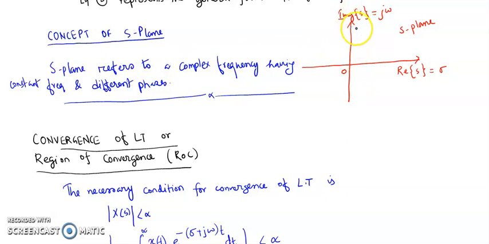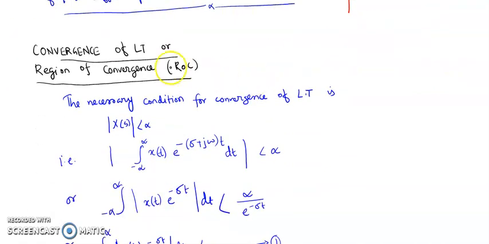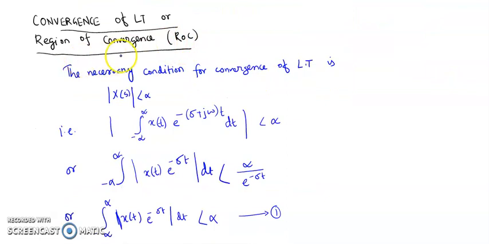So this two-dimensional plane is known as the S-plane, and it consists of poles and zeros of the Laplace transform equation.